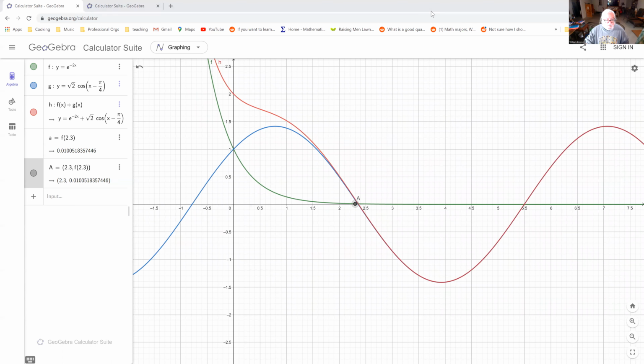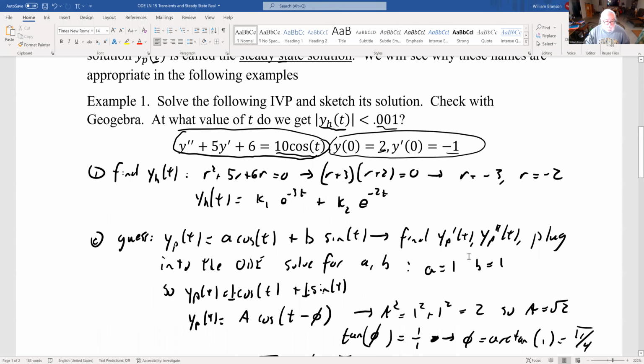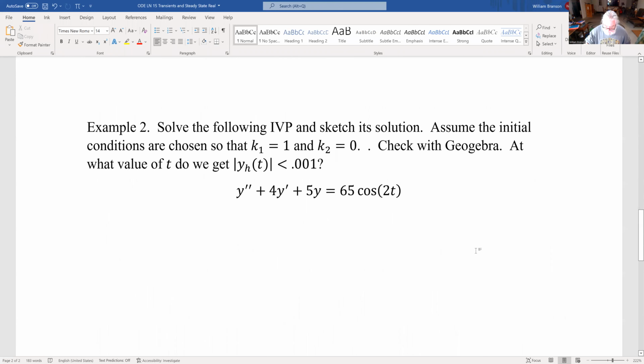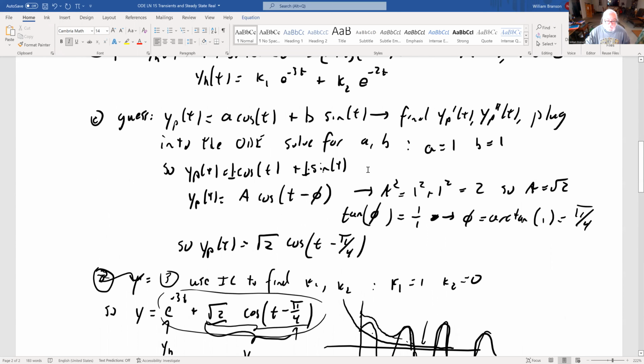we go back to the notes. Where's my notes? I know it's boring to hear me say, where's my notes, but there we go. Actually, we found it, less than 0.01. Oh, that's up here.